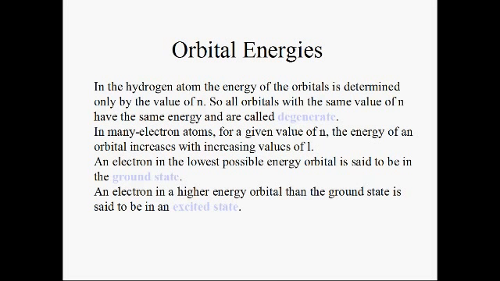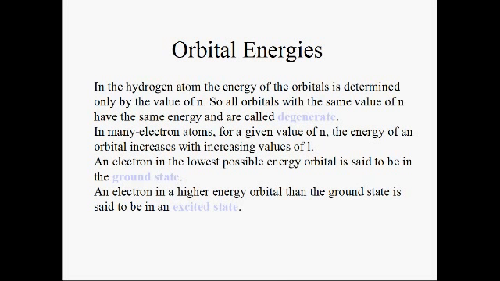For hydrogen alone, the orbital energies are determined only by the value of n, the principal quantum number. So all values of l have the same energy, which means they are said to be degenerate. When we have multiple electron atoms, the energy of the orbital is affected by the value of l also, so by the sublevel also.